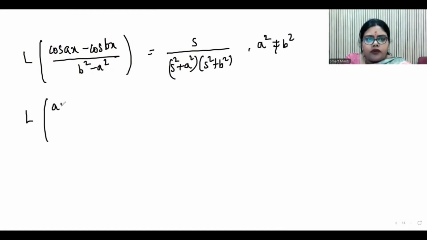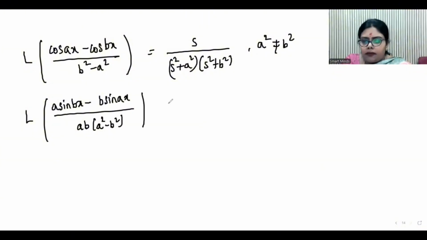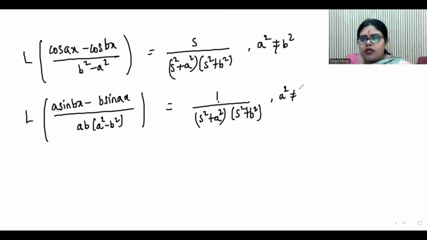L of (a sin bx minus b sin ax) by ab(a square minus b square) is equal to 1 by (s square plus a square)(s square plus b square), where a square is not equal to b square.